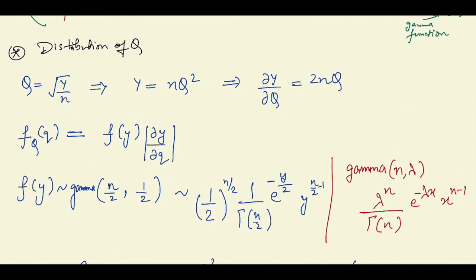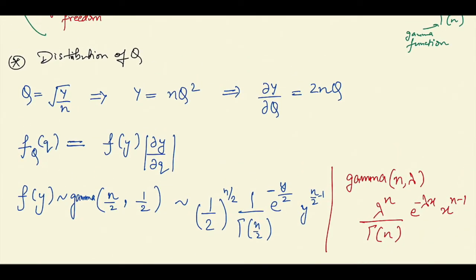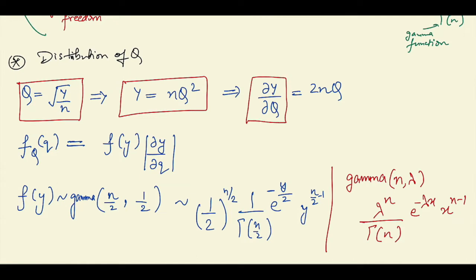Let's go through these steps one by one. First we assume that Q is root Y by n, then we express Y in terms of Q, then we take the derivative of that and we get 2nq.